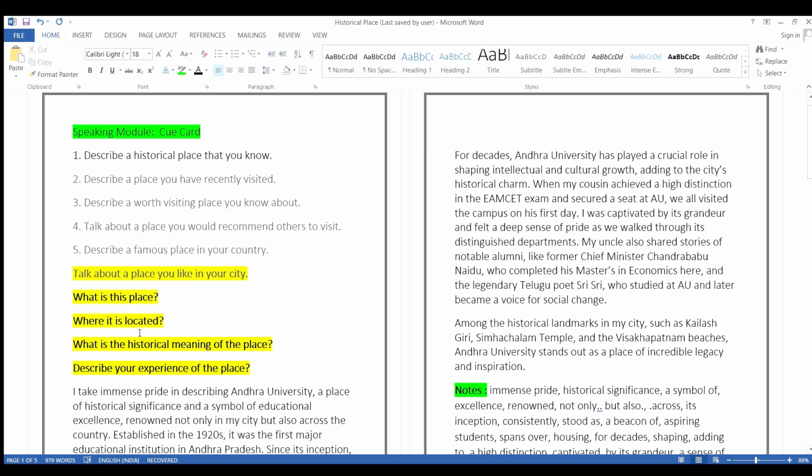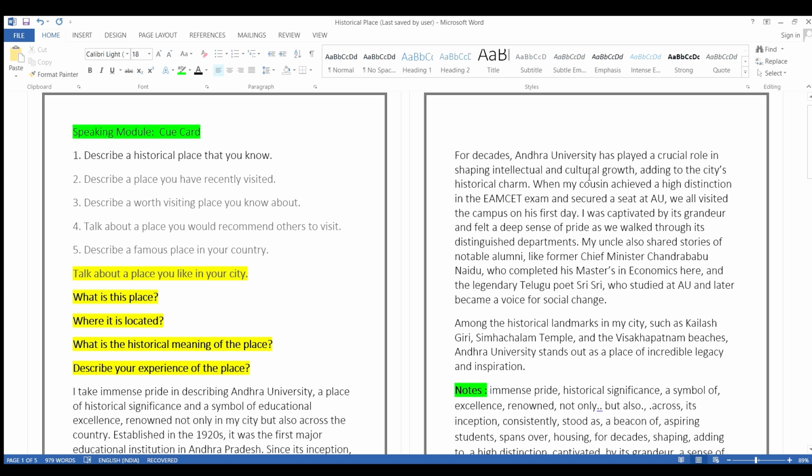Speaking about the historical meaning of the place. For decades, Andhra University has played a crucial role in shaping intellectual and cultural growth, adding to the city's historical charm. So point number 1, it has a crucial role to play. In what way? It is shaping the intelligence, and in what way?